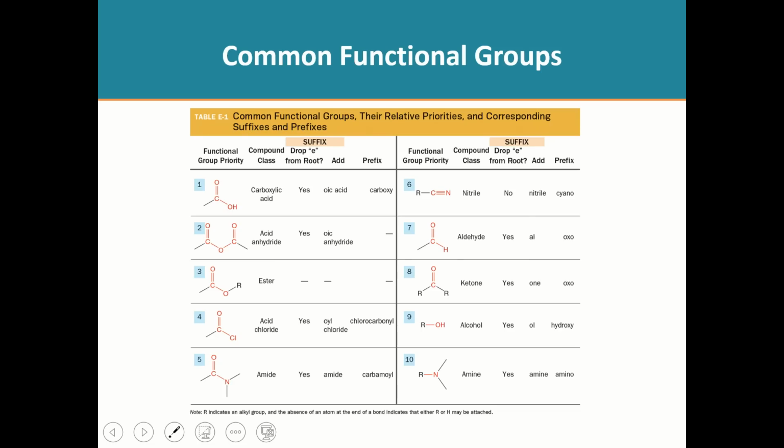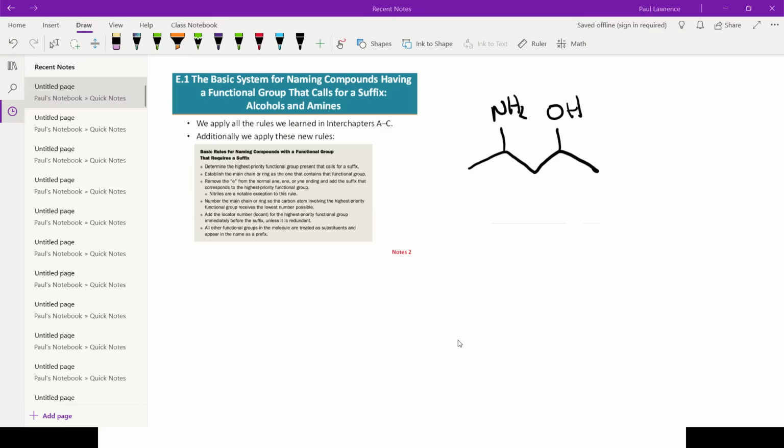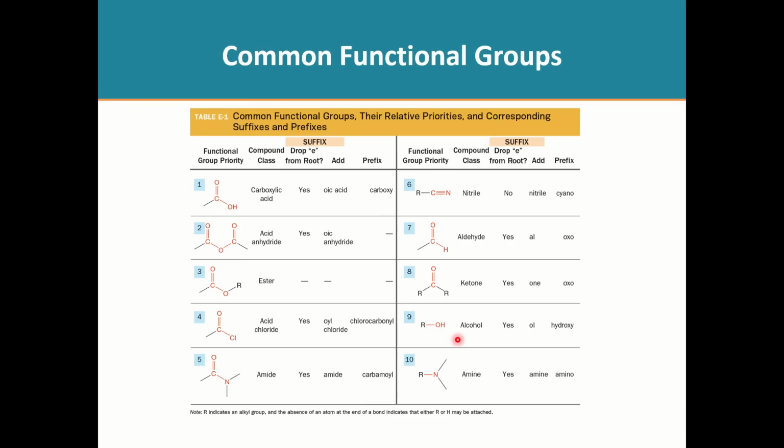The way we get to choose is we compare the functional groups. And you can see these numbers in blue. They're ranked in priority. So if you have the smaller number, that means it's higher ranked and it will trump anything below it. So this molecule that we have here, the suffix is going to be an -ol, because we see that an alcohol is above the amine.